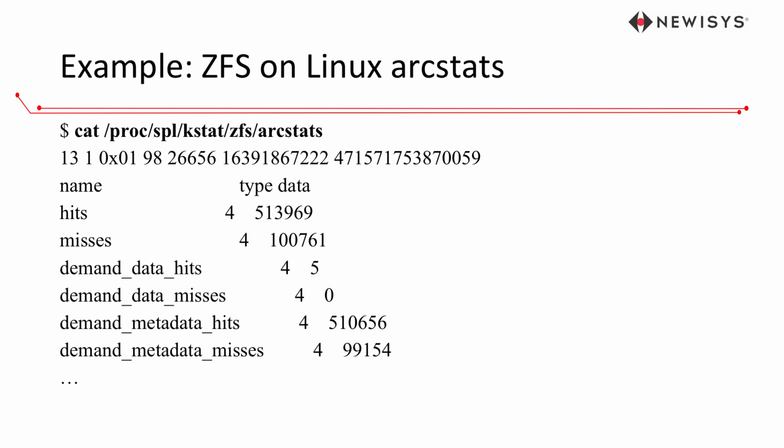Recently, we started adding in some strings, so you'll see type 7. So if anybody's written code that assumed that 4 was always going to be 4, surprise, it's not. It is, in fact, the data type. Most of what we see is unsigned int 64s for kstats in ZFS on Linux. That becomes important soon.